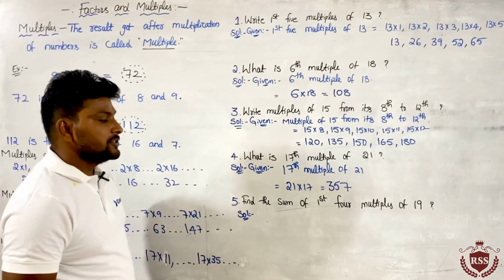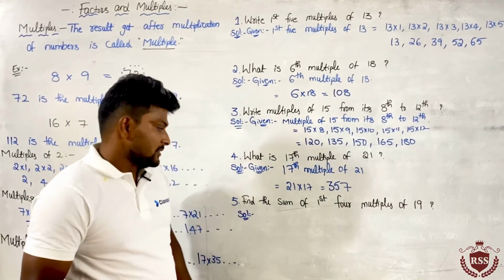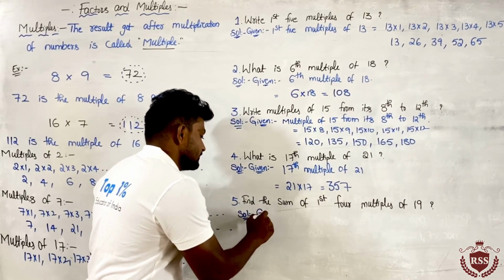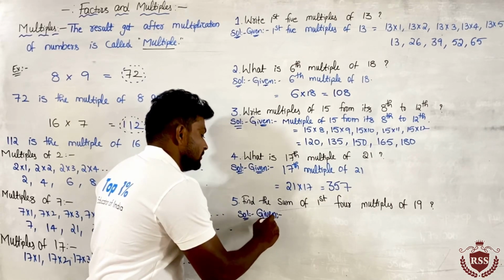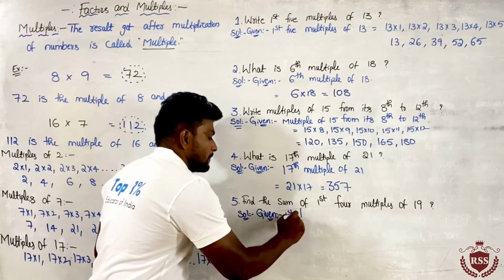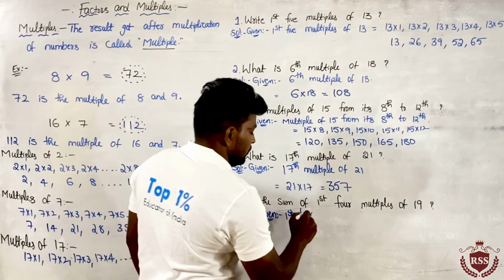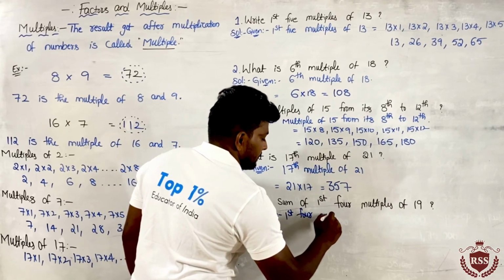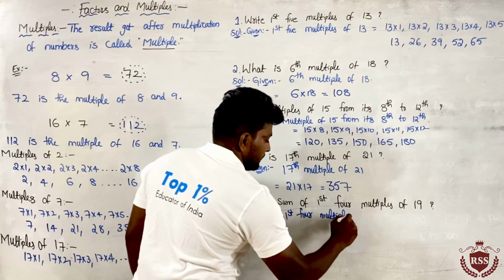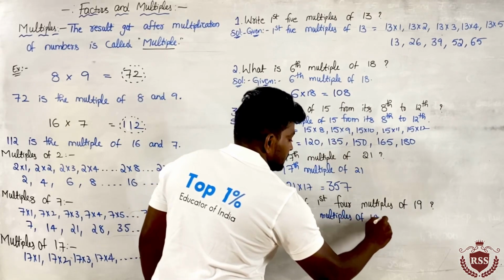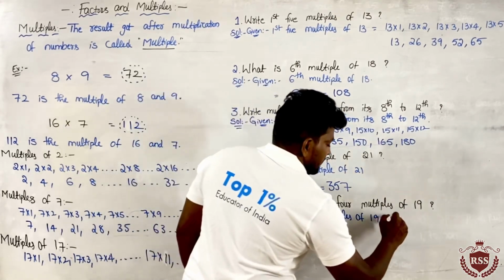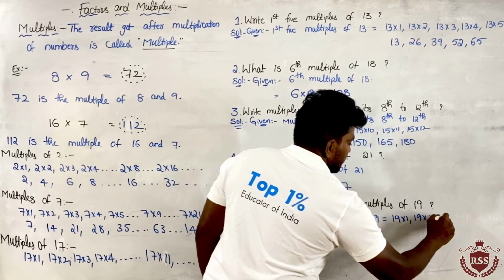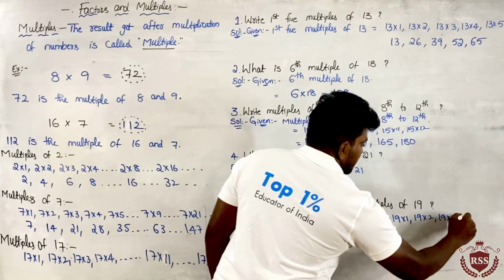Find the sum of first 4 multiples of 19. What they have given? First 4 multiples of 19. So what are the first 4 multiples of 19? 19 into 1, 19 into 2, 19 into 3 and 19 into 4.